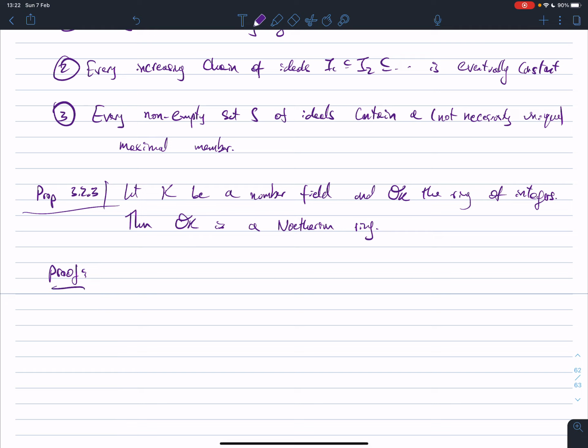Proof. One thing that we already saw, in Corollary 2.2.8, is that O_K is finitely generated as an additive group.